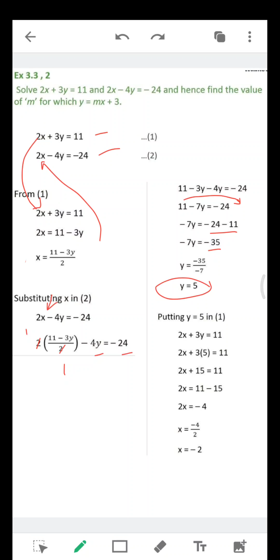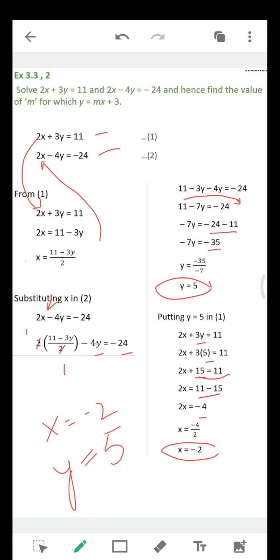In place of y I am writing 5. In equation number 1, 2x plus 3y equals 11. So 2x plus 3 into 5 is 15, and 15 goes to the right, 11 minus 15 is minus 4, so x is equal to minus 2. So finally we have got x equals minus 2 and y equals 5.